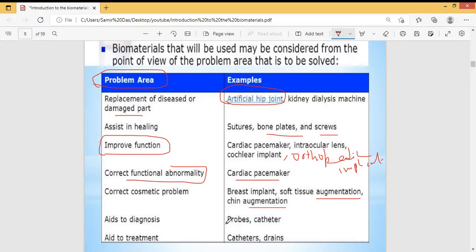And for treatment, some drains or catheters are used. This is the problem area we have identified so far. We will improve that problem area using this kind of biomaterials.